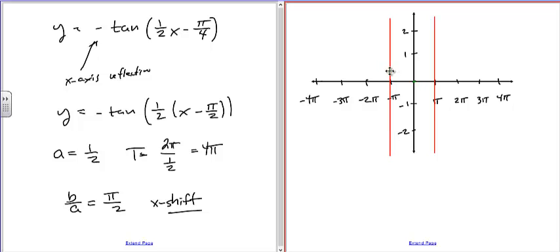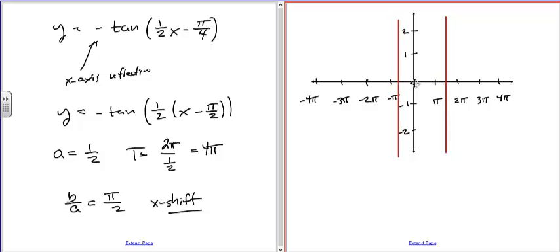So we shift them pi over 2. This whole span from here to here is a pi, so halfway is pi over 2. So I move from here to halfway, pi over 2. Same thing, I move that over here. This green dot gets moved over, so that's the 0.